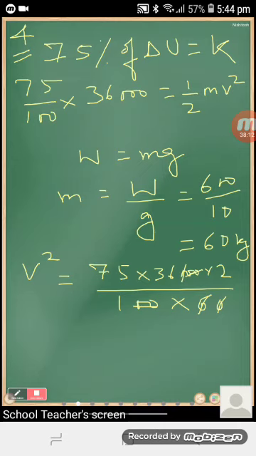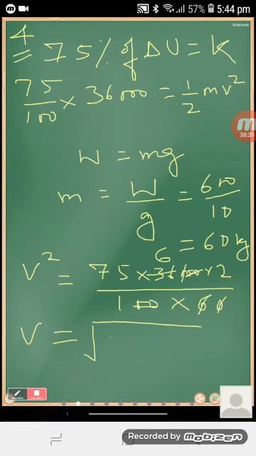This will become 6. So V will be equal to under root 75 into 6 into 2. If you calculate the square root, this comes out to be 30 meter per second.